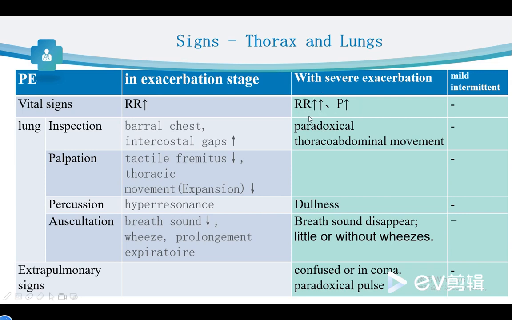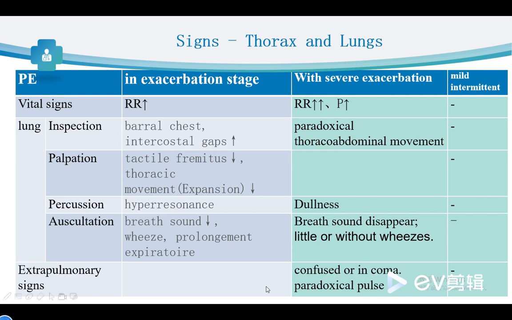For example, we can find the vital signs become worse, and during the physical examination of the lungs, we can find the paradoxical thoracoabdominal movement, and the percussion will become dull. And during the auscultation, we will find little or no wheeze because of the disappearance of the breath sound caused by the severe obstruction of the small airway.